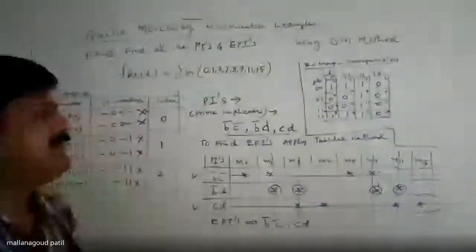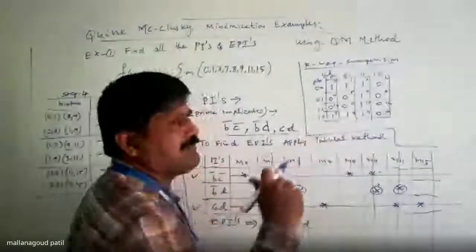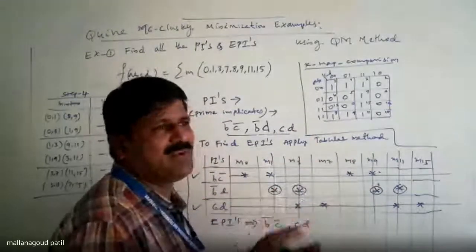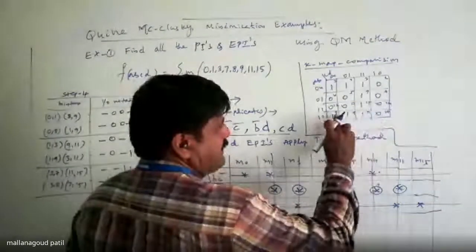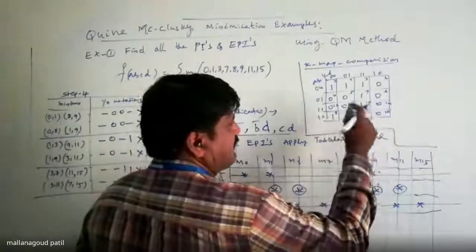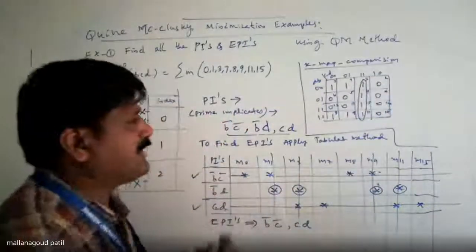Tell me the cell numbers. 3, 7, 15 and 11. 15 onwards it will be a 5-variable, so 8, 9, 10, 11 is this group. It's okay, this is possible. What is the term for this?